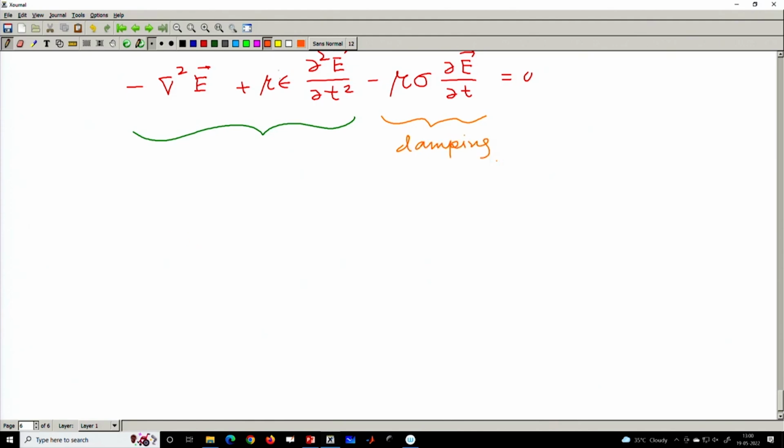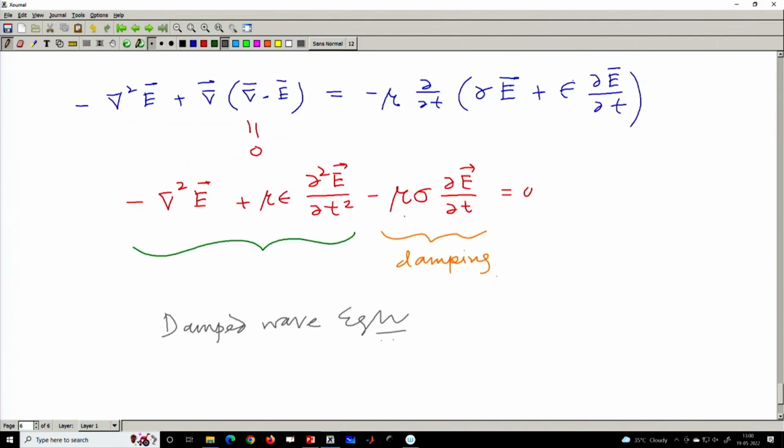So, this equation is overall a damped wave equation. We are having a damped wave equation here in our hand. Okay, here I think this sign will be plus.